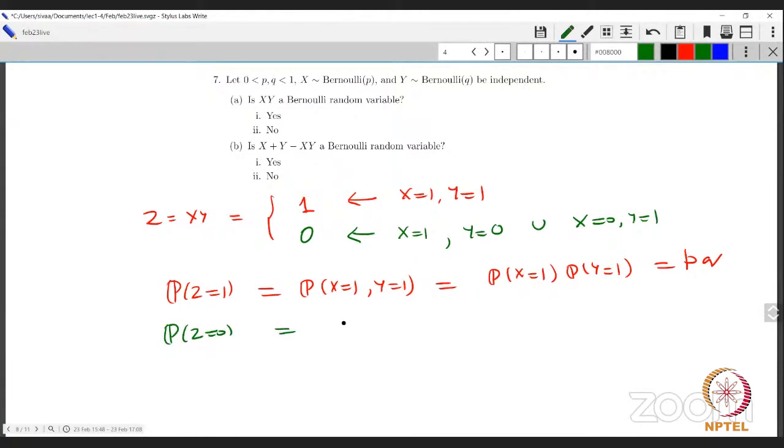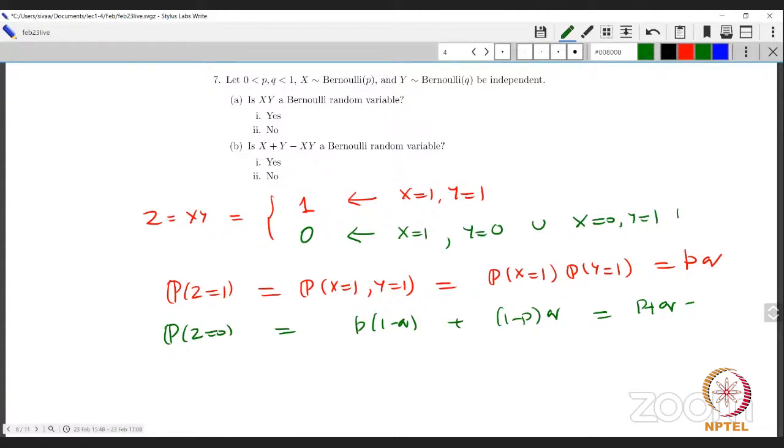You can write it as p times 1 minus q, plus q times 1 minus p, and that's just 1 minus pq, I think. It would be p plus q minus... otherwise I'm getting 2pq all of a sudden. I'm making a mistake here. Did I make a mistake? Let's see.